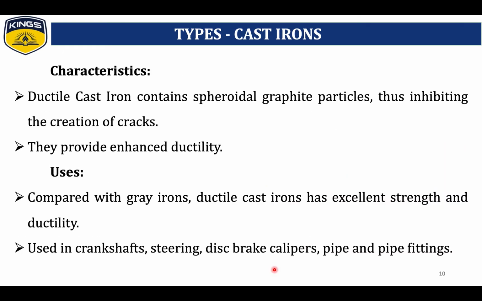The character of ductile cast iron is that it contains spheroidal graphite particles, thus inhibiting the creation of cracks. It also provides enhanced ductility compared to the other cast irons. So these types are used, due to excellent strength and ductility, in crankshafts, steering, disc brake calipers, pipe and pipe fittings, and so on.